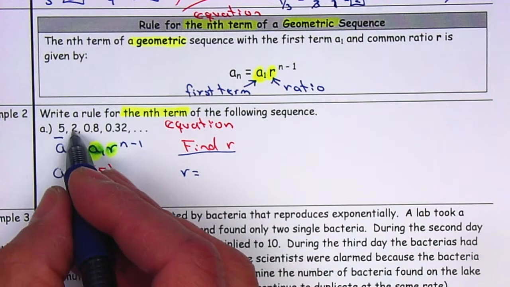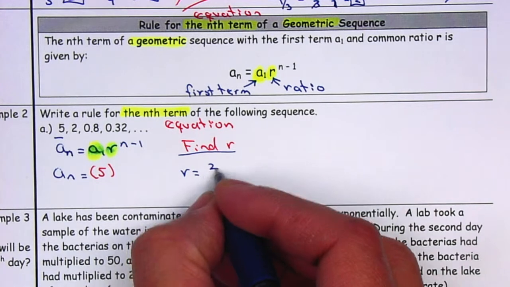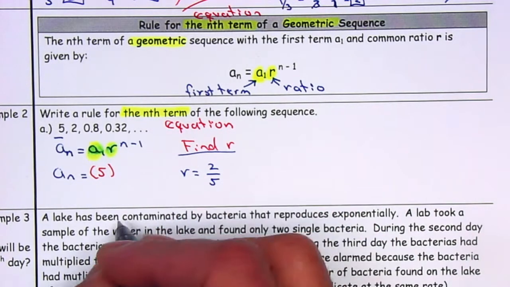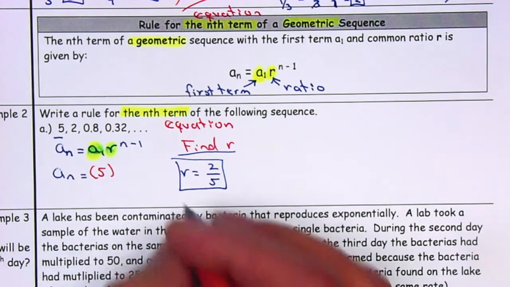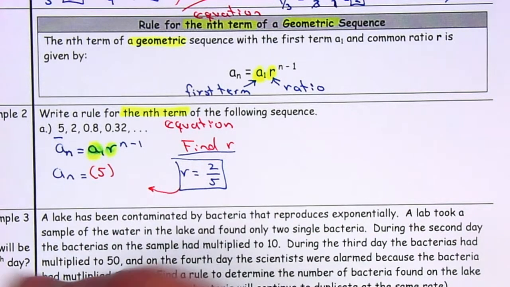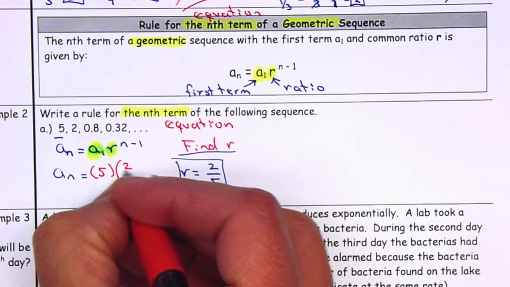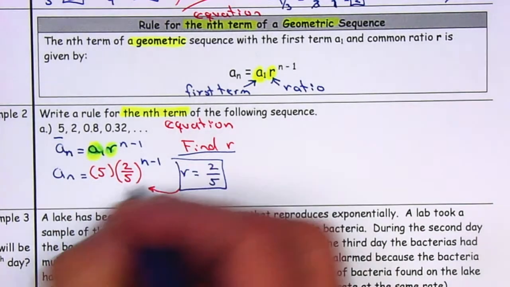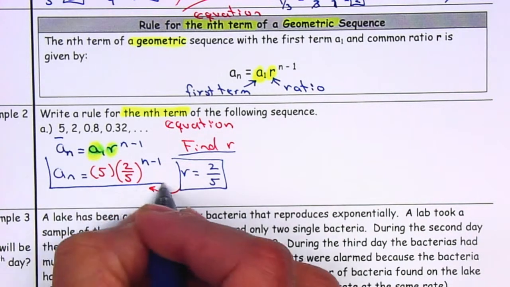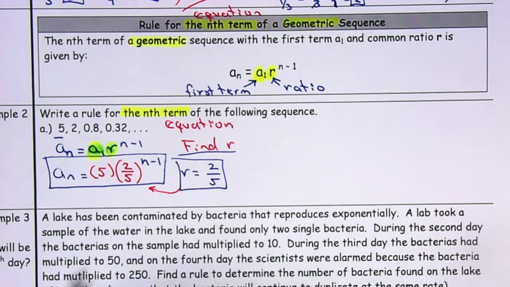So we're going to take the second term divided by the first term. 2 divided by 5. We can simplify, and we're just going to leave it as a fraction. Now that we found it, we can just plug it in. That'll be 2 over 5 to the power of n minus 1. And this will be your final equation.